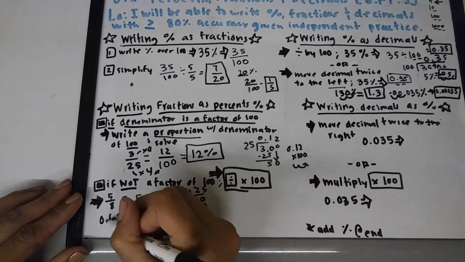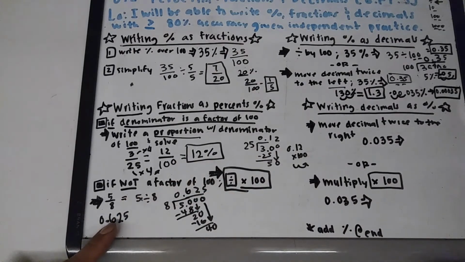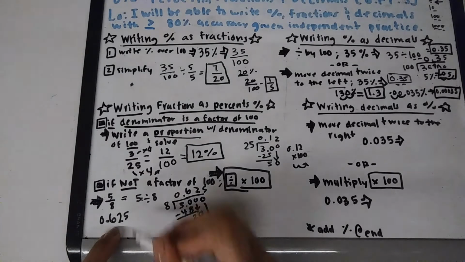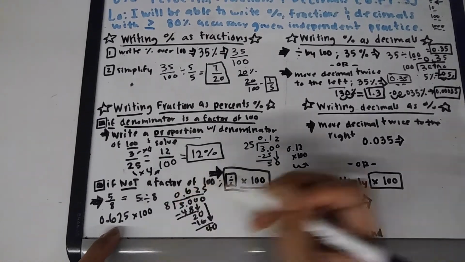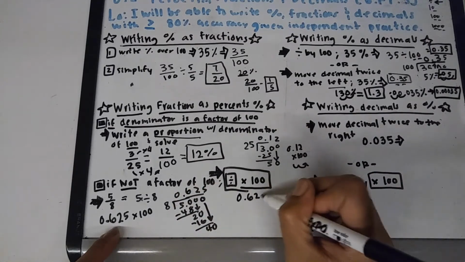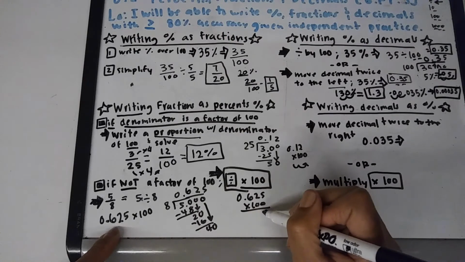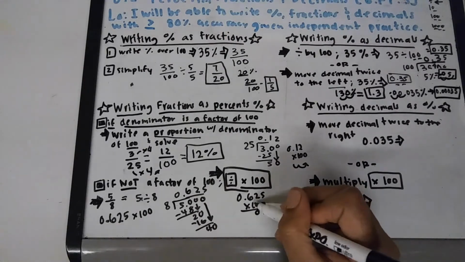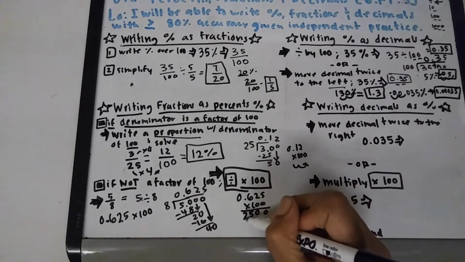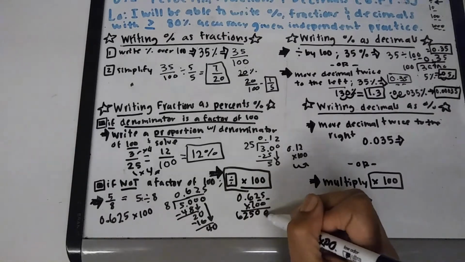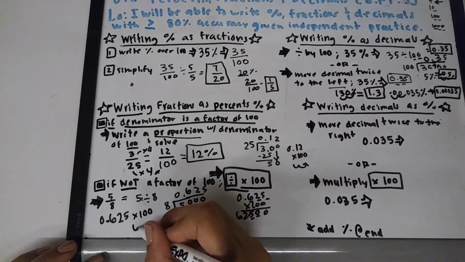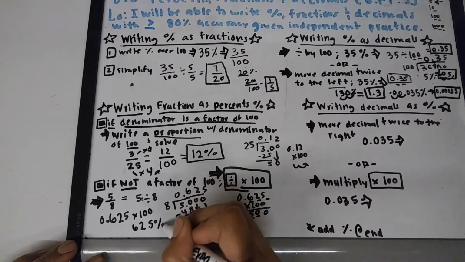So 625 thousandths, okay? But I want to change that into a percent. To change into a percent, I basically multiply it by 100. So if I take that and multiply by 100, that is 62.5%.